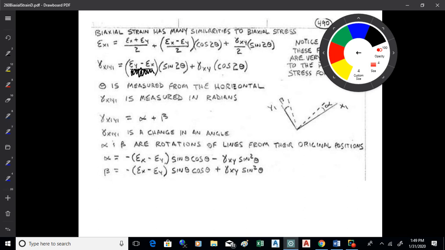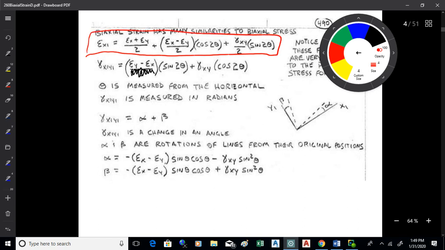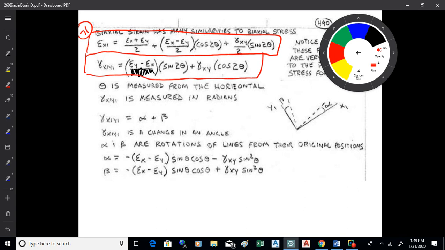So epsilon x1, which is the strain in the x1 direction, is found by this formula right here. That formula is formula 71. Very similar to the biaxial stress equation. The shear strain at a given angle is shown by this formula. Again, very similar to the biaxial stress equation for shear.